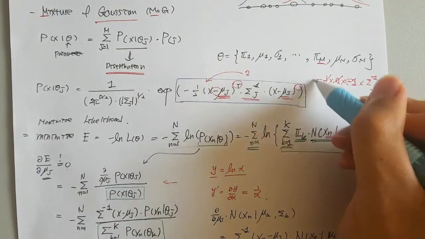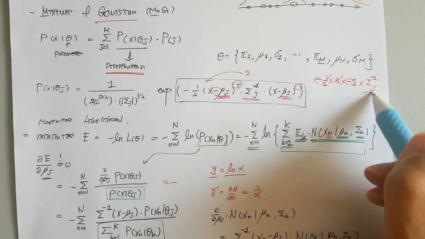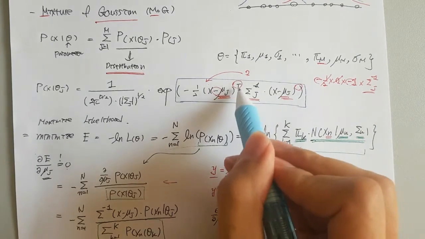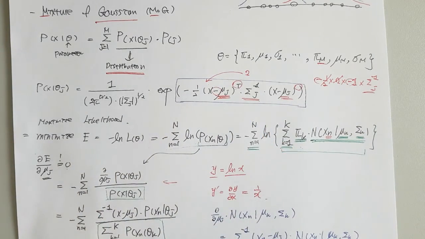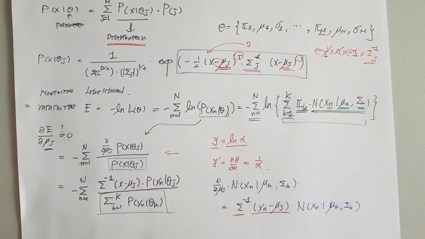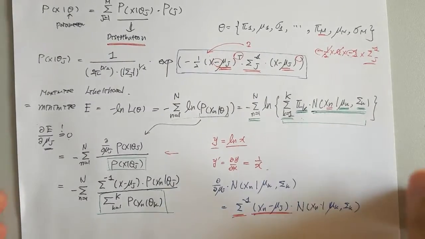So this one will just be plus, and because this is second order, the first order will come out here. So we can calculate it like this.